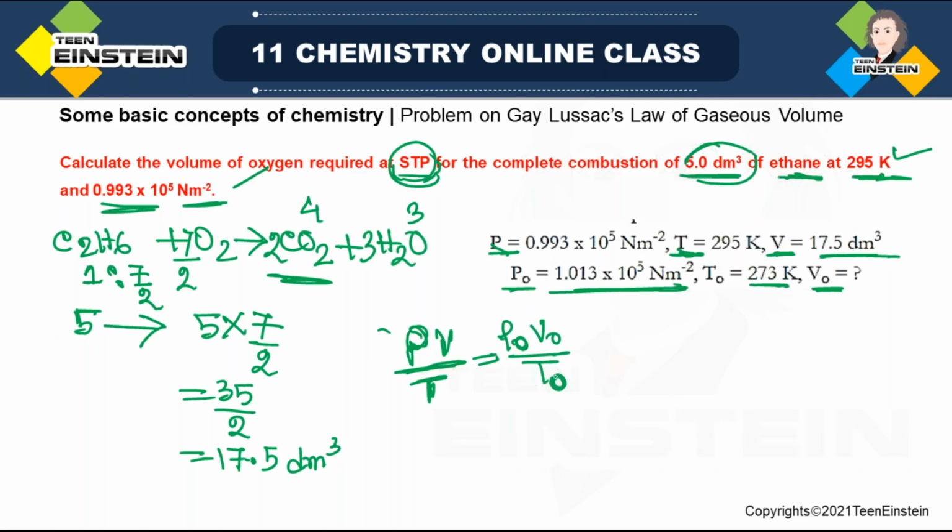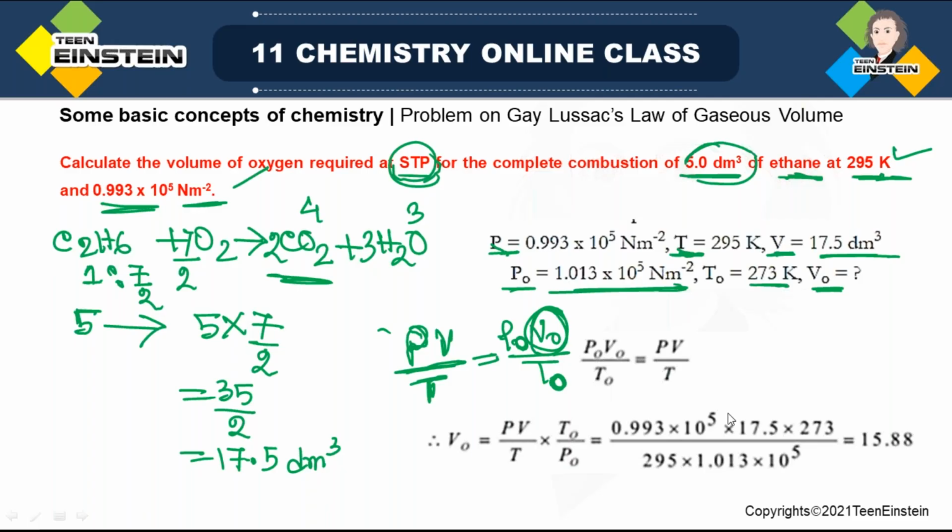So here only V naught is unknown, rest of all these quantities we know, right? So we can easily find it. Here we have to put the values of P, V, T, T naught and P naught.